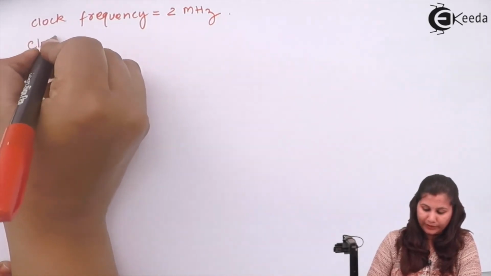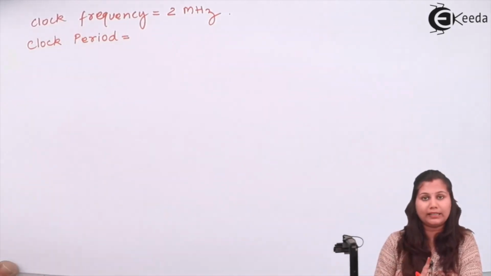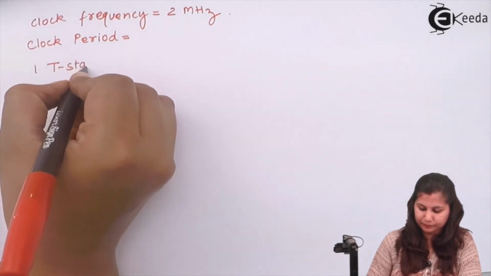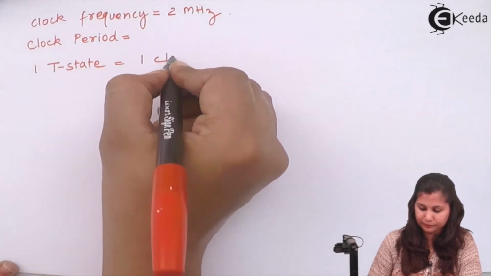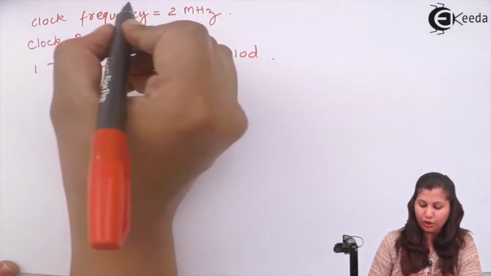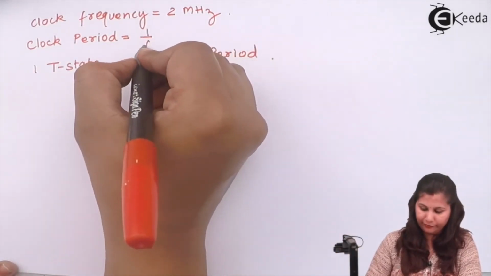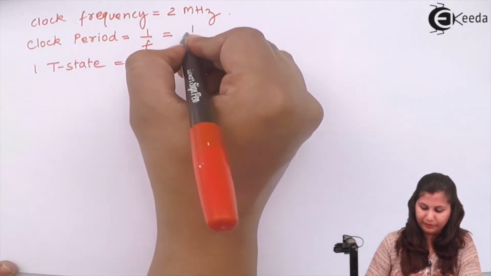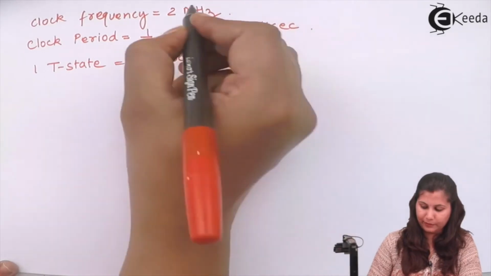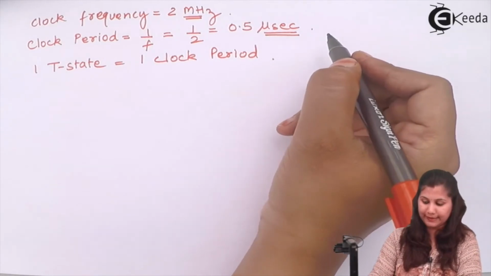Now we want to calculate the clock period, because we know that 1 T state is equal to 1 clock period. Since the clock frequency is given, we can easily calculate the clock period. It is 1 by f, so it will be 1 by 2, or 0.5 microseconds, because the frequency is given in megahertz, so it will be in microseconds.